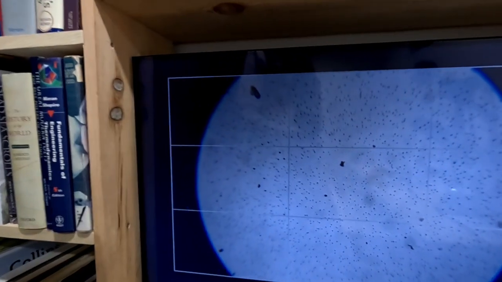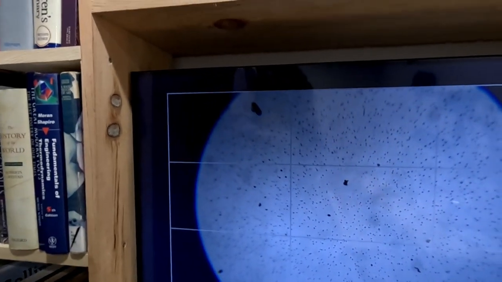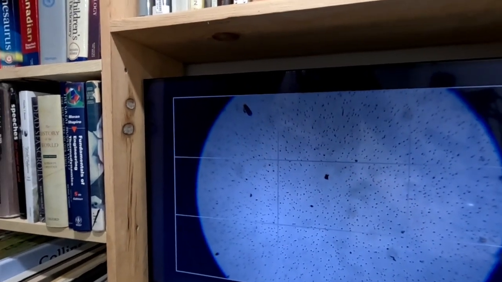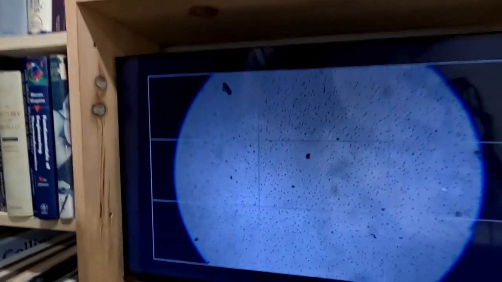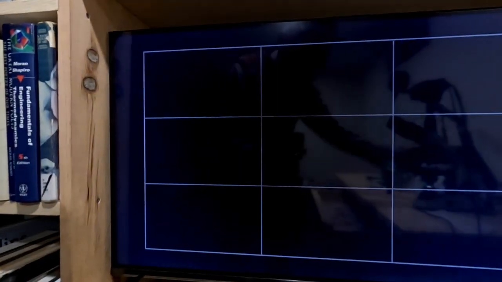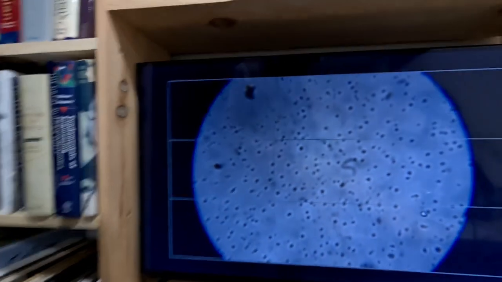This is about 250 times enlargement. Oh, it's 100, that's 100.